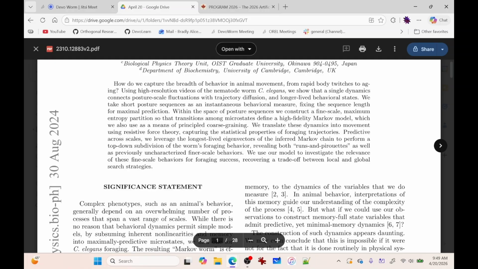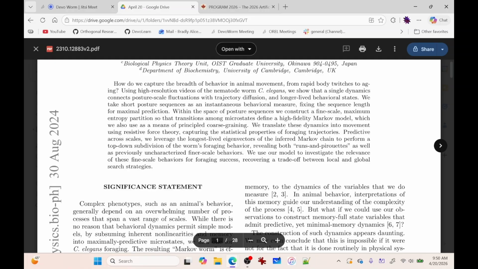So we have these stereotypical movements. If the worm is in a liquidy medium, they'll wiggle really fast to swim. If they're on a gel, or on some sort of substrate that's more solid, they'll slither, and that's their mode of movement.